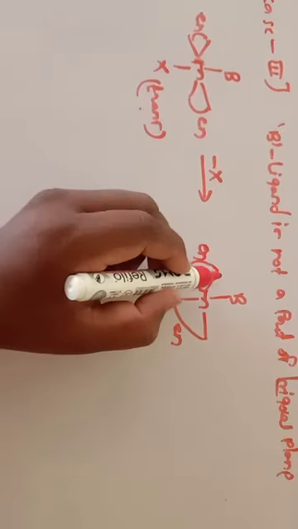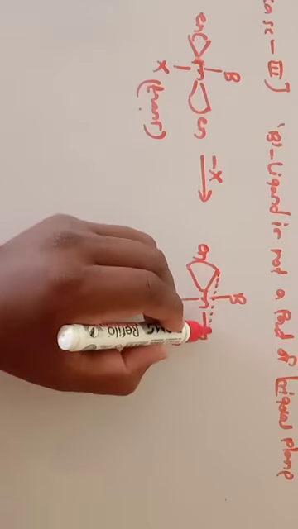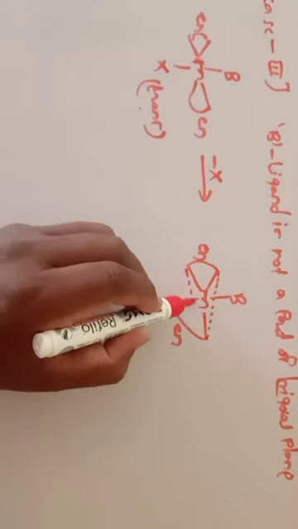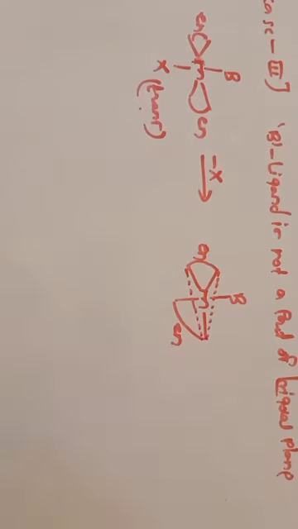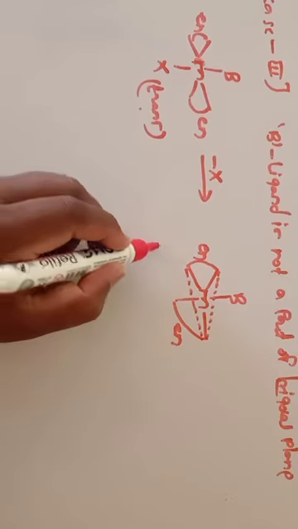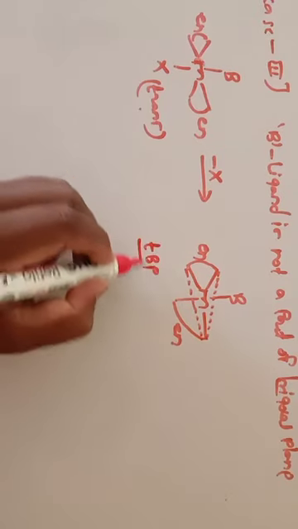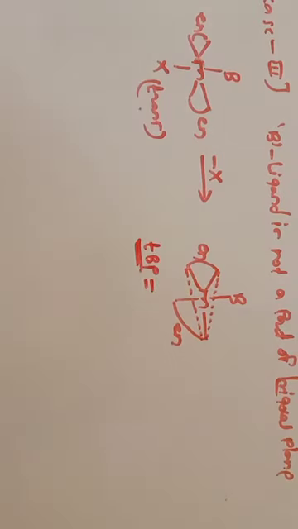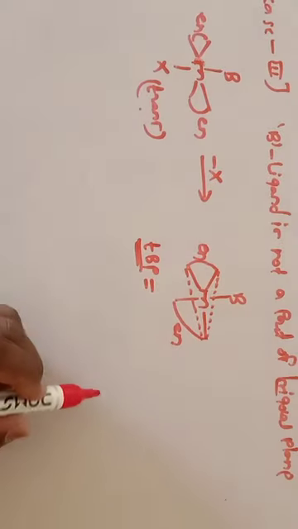If you consider, this is the trigonal plane. The intermediate has trigonal bipyramidal geometry, but the b is not part of the trigonal plane. And in this case, if you consider, there are only two sides.